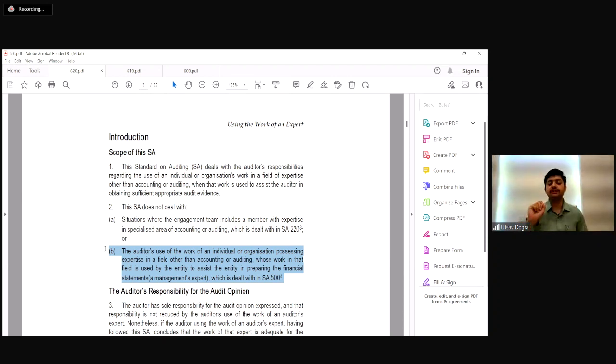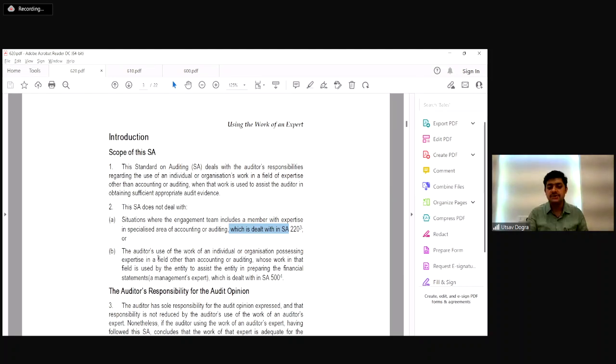However, the situation when the engagement team, the team of the auditor, includes a member with expertise in a specialized area of accounting or auditing, that particular expert who is from the team of the auditor itself, is also not dealt with in this standard. That particular expert is dealt with in SA 220. So in para 2A, the situation where the engagement team includes a member with expertise in a specialized area of accounting or auditing.